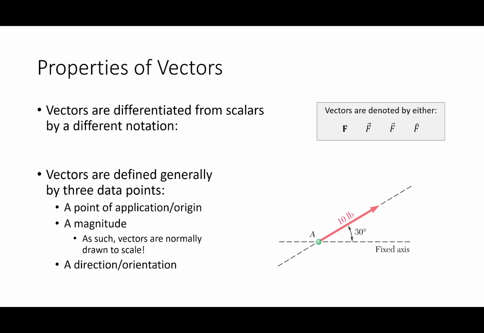Now, it's very difficult to write a bold F using handwriting, so we typically write vectors with an F with an arrow over it, or an F with a caret over it, or something like that. More often than not, I'll write it with an arrow over it. But we are going to be pretty diligent in here to ensure that whenever we're referring to vectors, we refer to them with the proper notation.